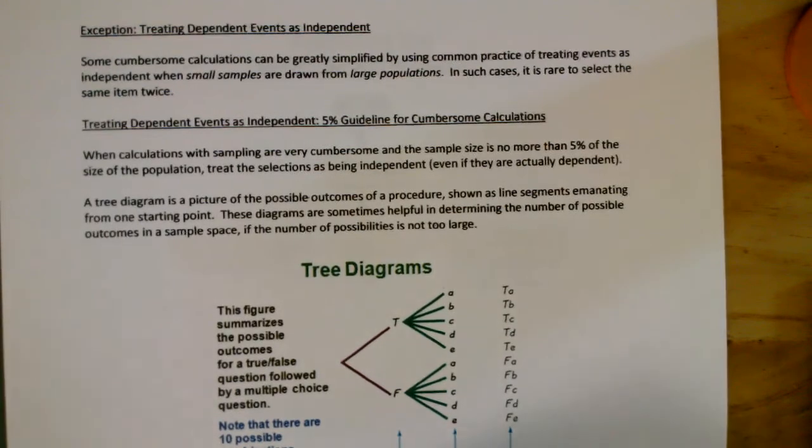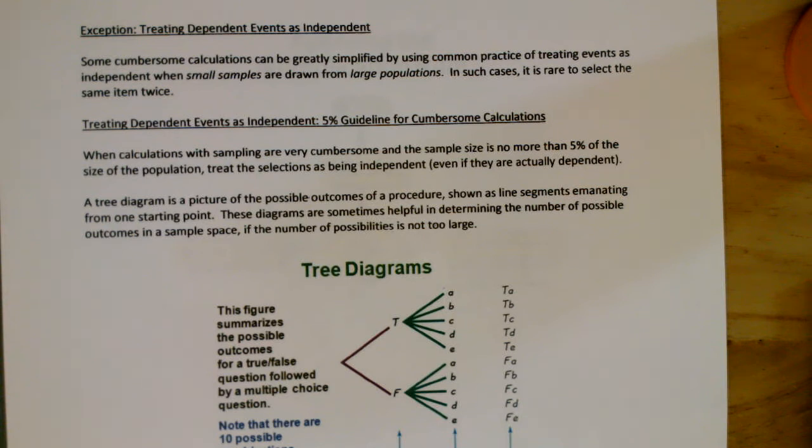All right, next we'll talk about the exception of treating dependent events as independent. Some cumbersome calculation can be greatly simplified by using the common practice of treating events as independent when small samples are drawn from large populations. In such cases, it is rare to select the same item twice.